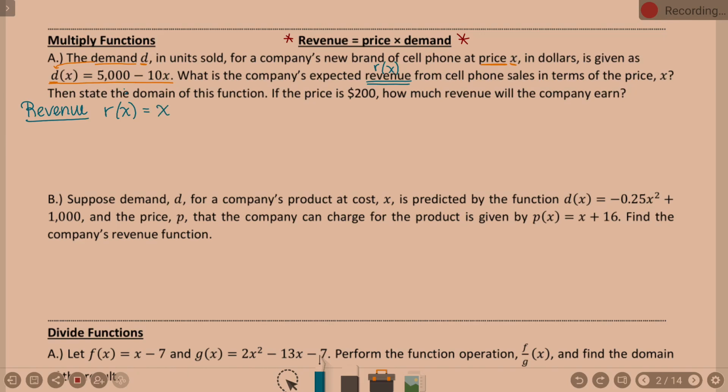X. Times demand. What do we say demand is? 5,000 minus 10X. So you've just written the equation.